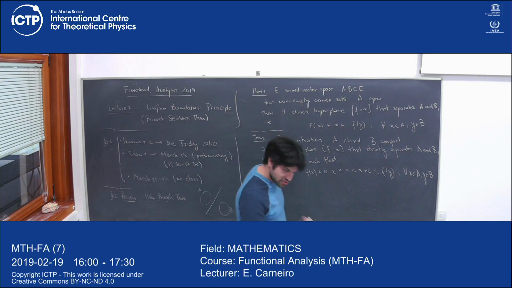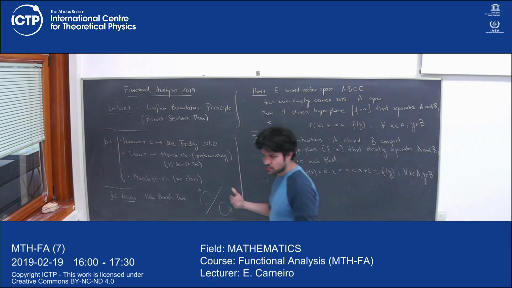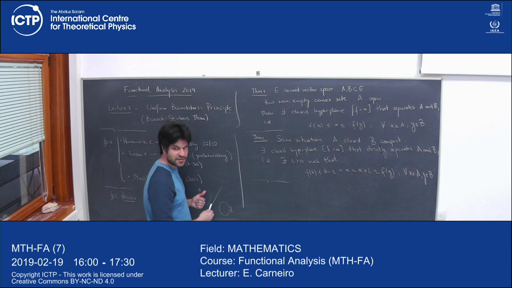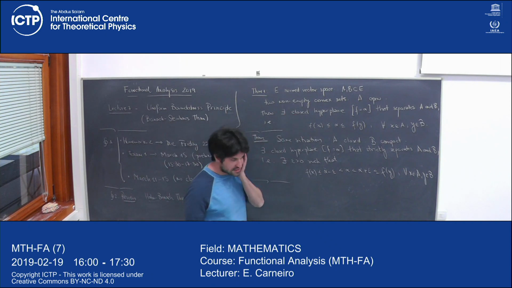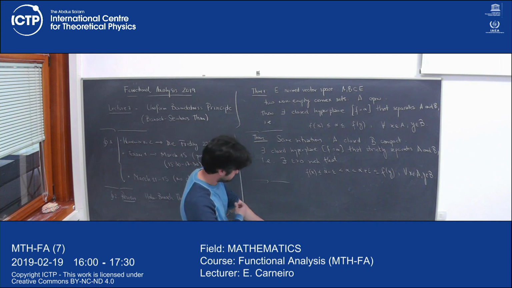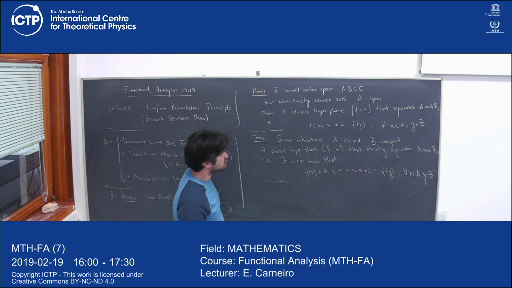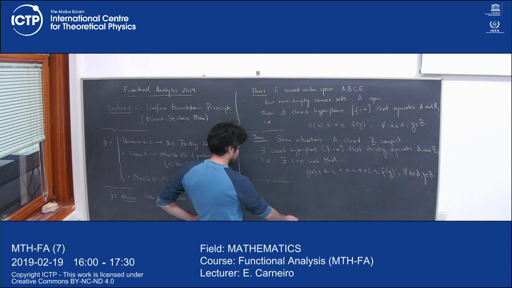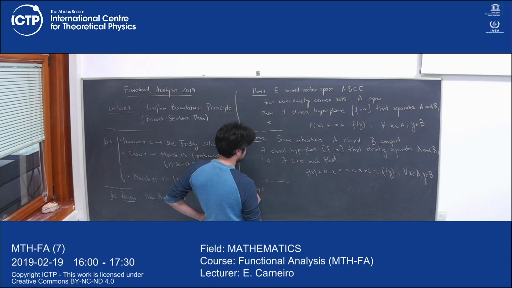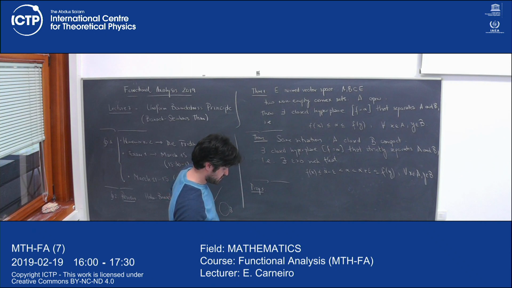This is going to be useful. You have seen a couple of exercises whenever you have to extend. So the analytic version that we had before, where you can extend linear functionals, was used to prove these things. And one of the nice applications of these geometric versions of the Hahn-Banach, for example, comes from the following fact. So let me, how do I write this? So proposition, let me write a proposition, is actually a corollary of this.